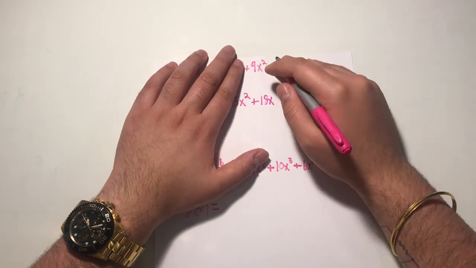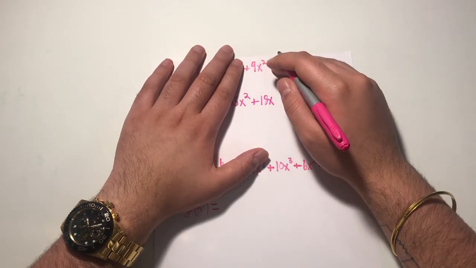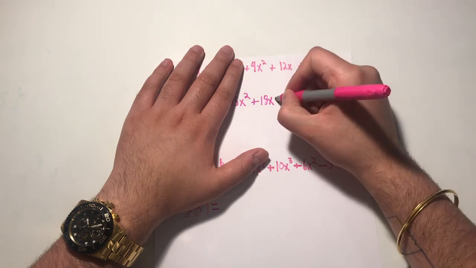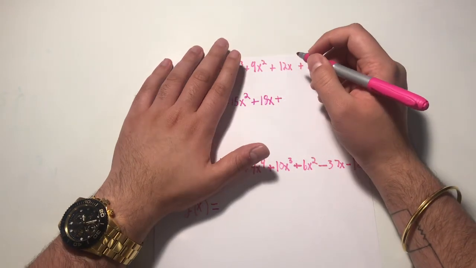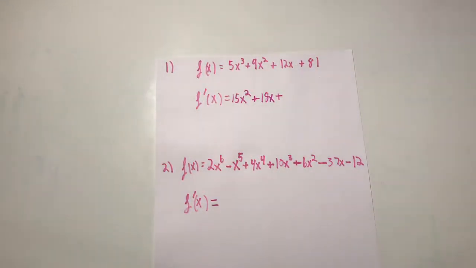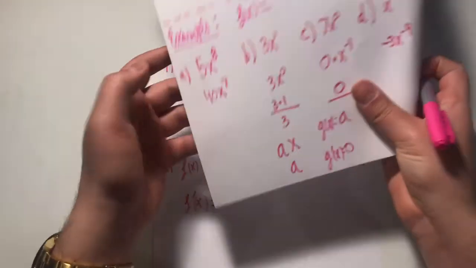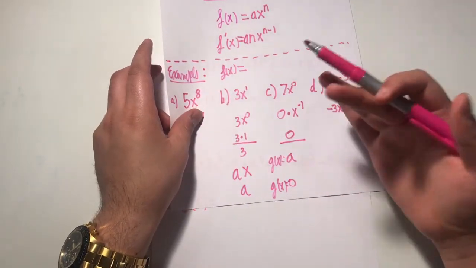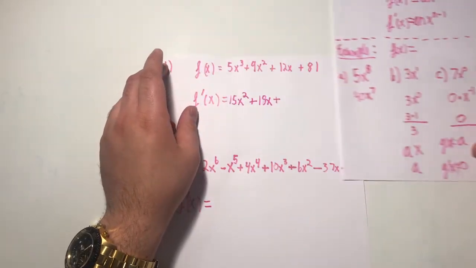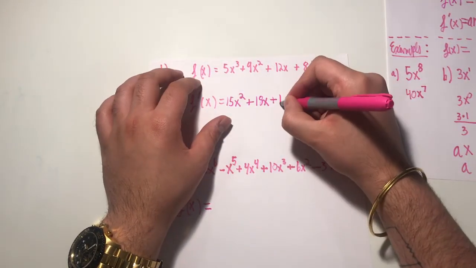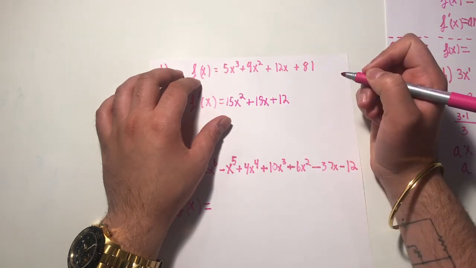So our derivative of 9x to the second is just 18x. Plus, now, what's the derivative of 12x? That one is pretty easy. We've determined before that anytime you take the derivative of any ax, it's just going to be a. So the derivative of 12x should just be 12.